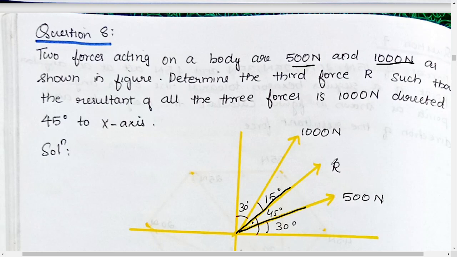Actually this is not the resultant force, this is just a variable R. We are naming the third force as R. Then we have a 1000 Newton force like this, then we have an R force like this, and we have a 500 Newton force also like this. Now what they are saying here is that we need to find the third force such that the resultant of all the three is 1000 Newton and is directed at 45 degree to the x-axis.